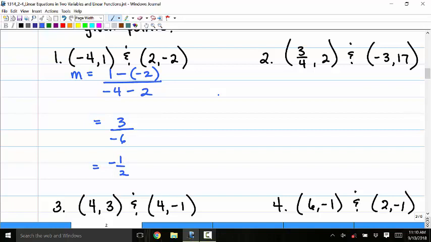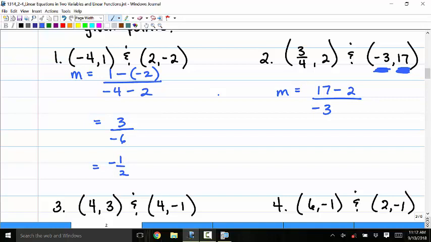Go try number 2: (3/4, 2) and (-3, 17). The slope between these 2 points, I'm going to start with this y value this time. So I'm going to write 17 minus 2, because y minus y, over, if I started with this y value, I have to start with this x value.